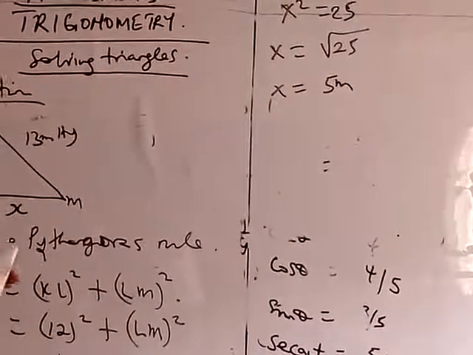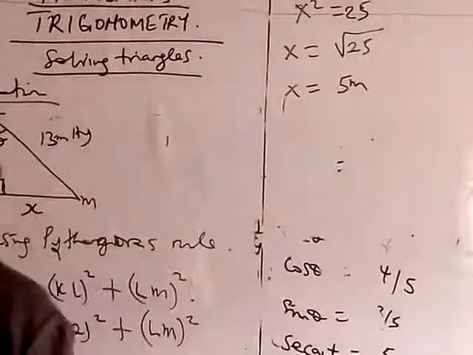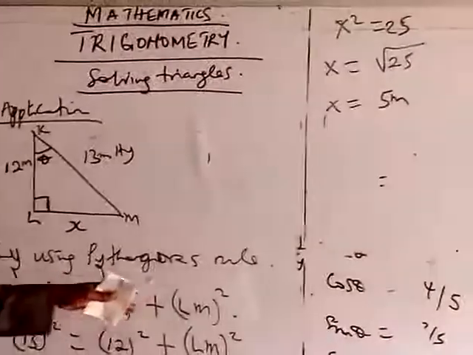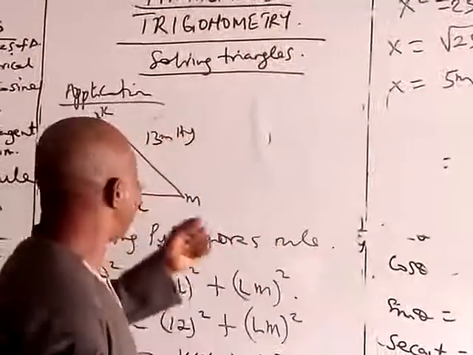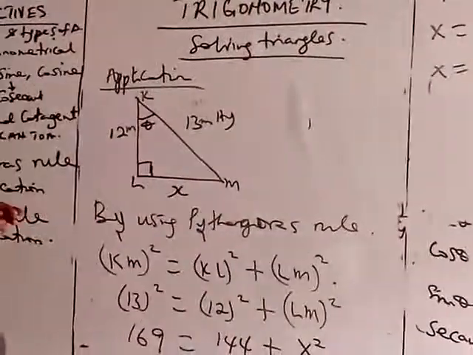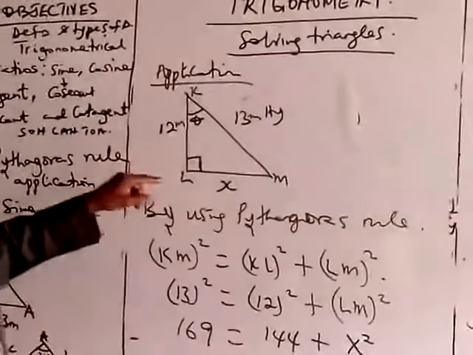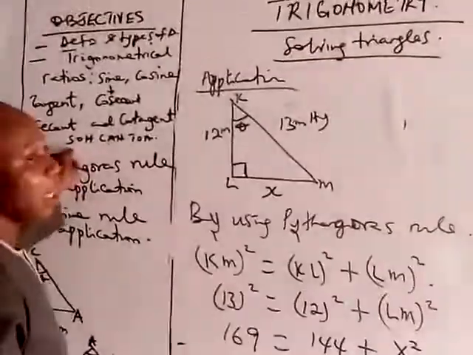You have seen from here how we use the Pythagoras rule for the three trigonometric ratios. I said the basic trigonometric ratios are the sine, cosine and tangent, which we form from SOH CAH TOA.